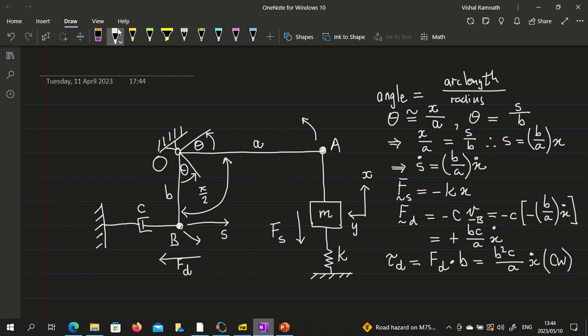Now, this means the torque is in a clockwise direction because of the damping force. I'm moving it upwards. It moves the point B towards the right. The retarding damping force is to the left. The force acting in the left induces a clockwise torque. And then we have at the point O, the clockwise torque is this expression.